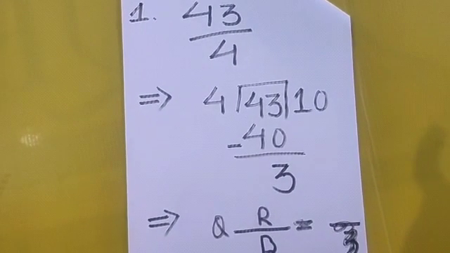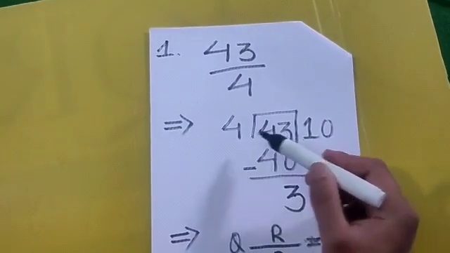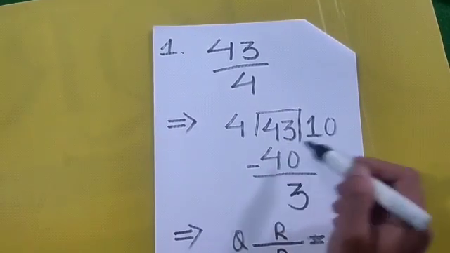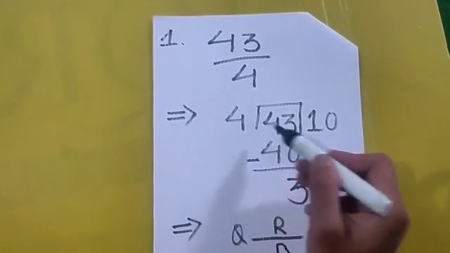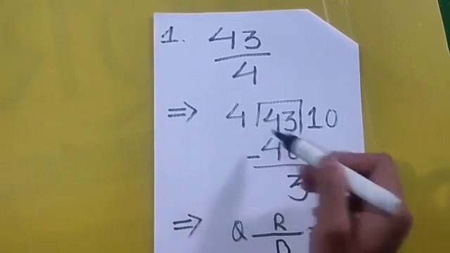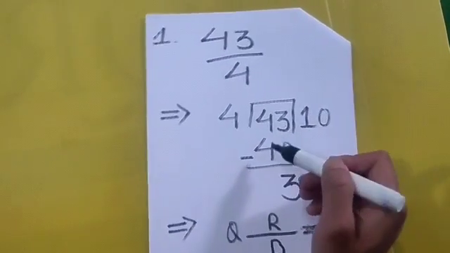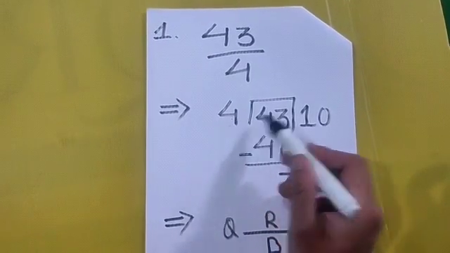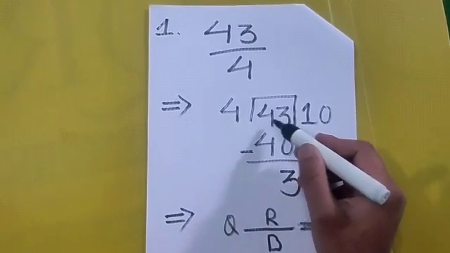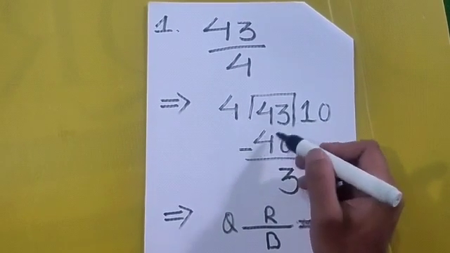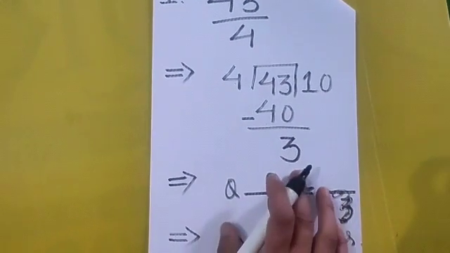To convert a fraction into mixed fraction, we divide numerator with denominator. Let's start dividing. 4 times 10 is 40, 4 times 11 is 44, which is greater than dividend, so I have written 40. 4 times 10 is 40, so I have written 10 in quotient. Now we will subtract 43 and 40. When 40 is subtracted from 43, we get 3 as remainder.